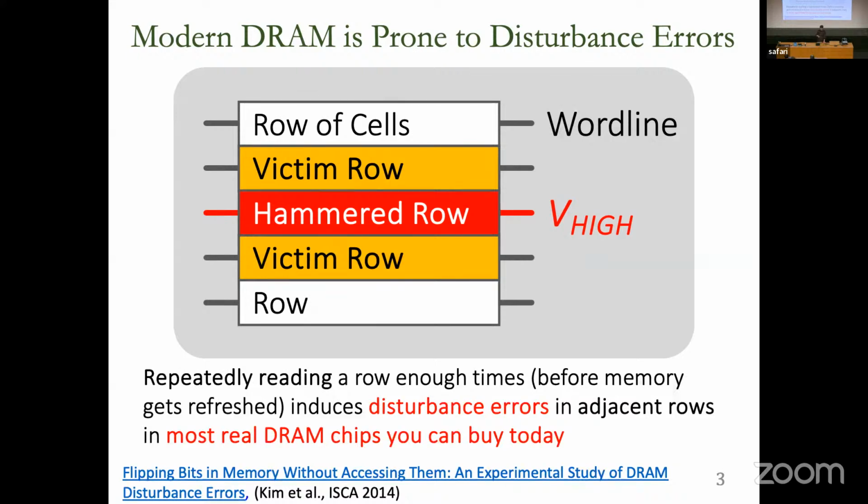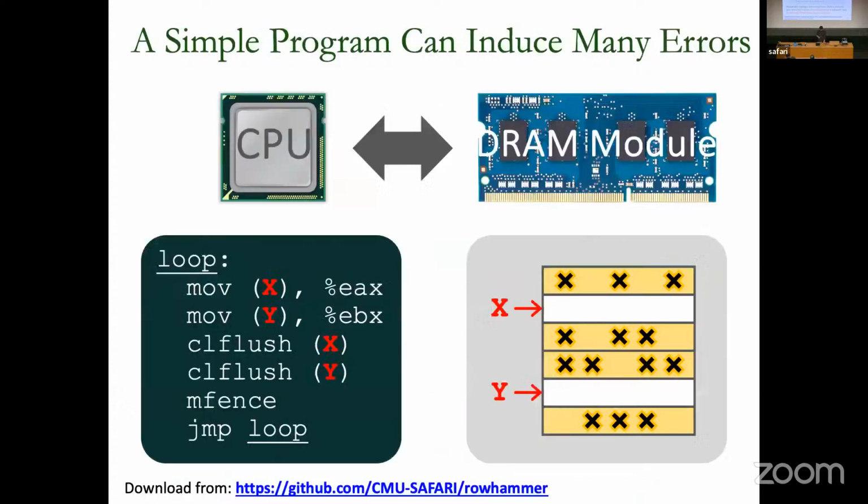And apparently, by doing so, you can induce such disturbance-induced bitflips in most of the real DRAM chips you buy today, as pointed out by this ISCA 2014 paper. So here's a very simple proof of concept program on how you can do this on a real system.